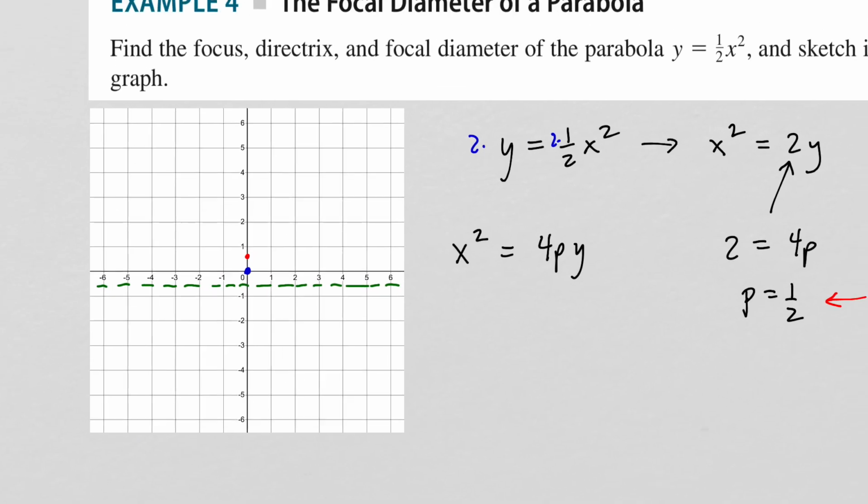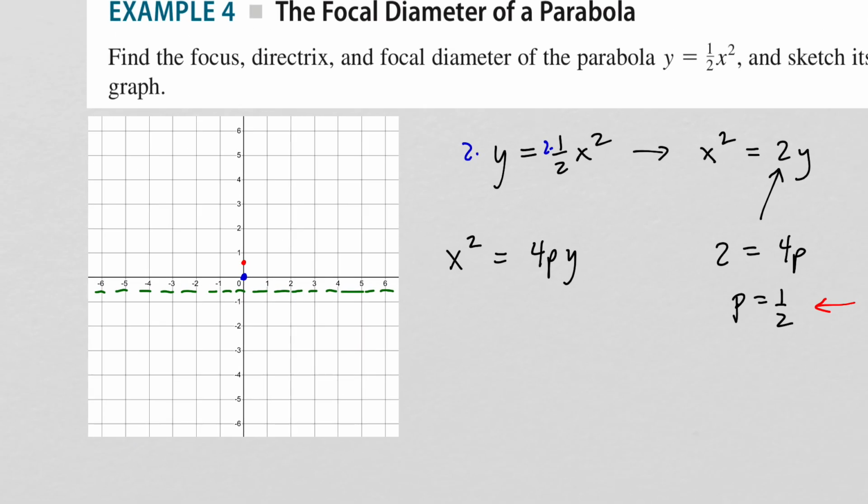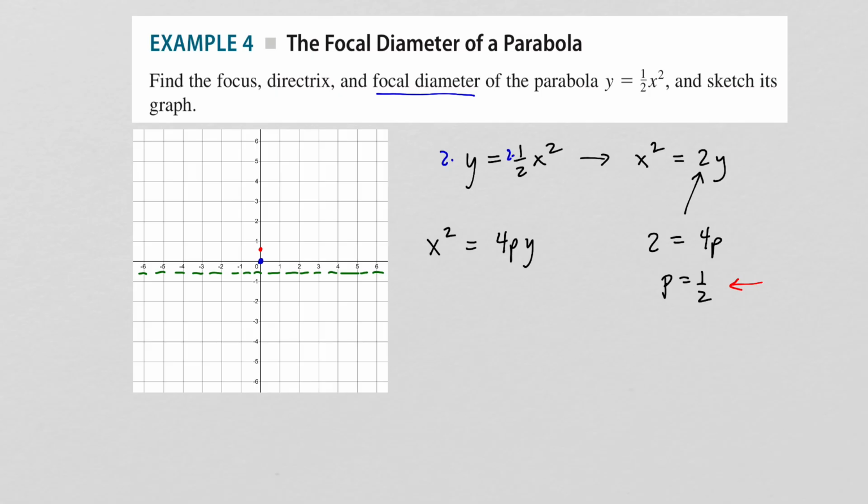And now with the focal diameter, which we know is equal to the absolute value of 4p, which in this case is the absolute value of 2, right? Because remember, 4p is this number in front of y here. That tells us the distance through the focus to either side of the parabola.